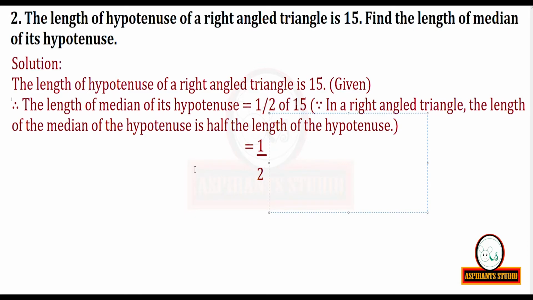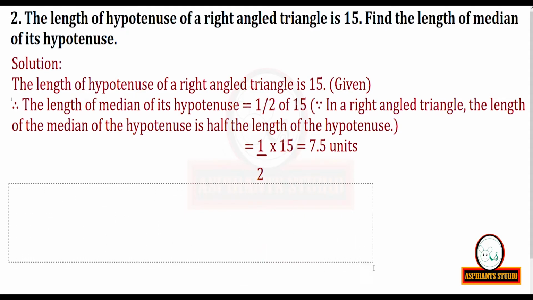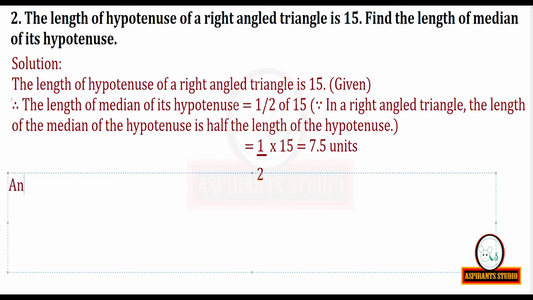One upon 2 multiplied by 15 will be 15 upon 2, which is 7.5. And you have to write units because it is length. Now answer, the length of the median of its hypotenuse is 7.5 units.